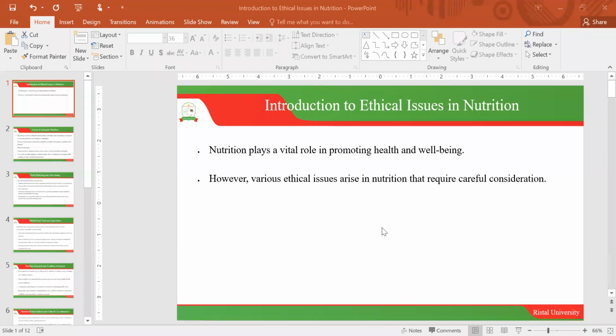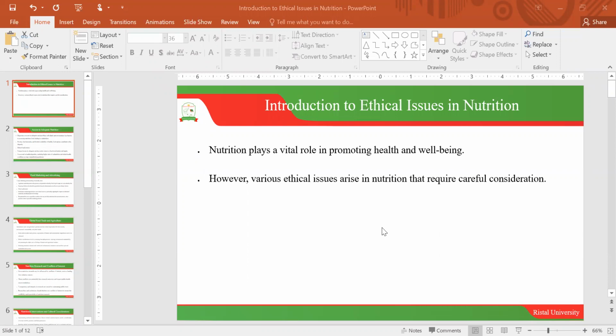So we are going to look at ethical issues in nutrition practice. Basically, in nutrition, you are supposed to be promoting optimal health and well-being of individuals or groups of people.